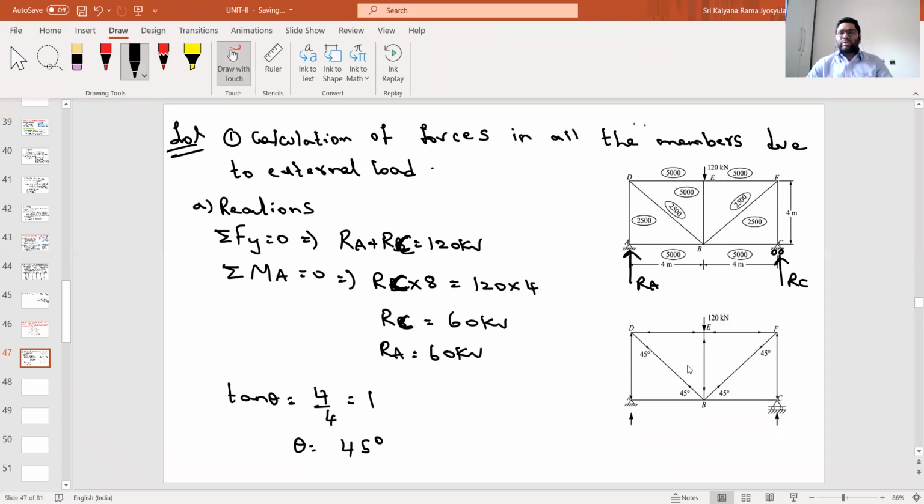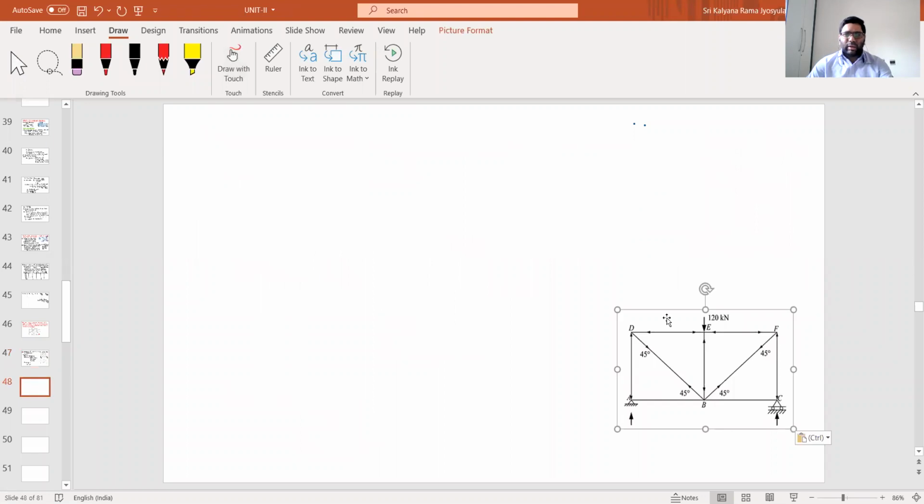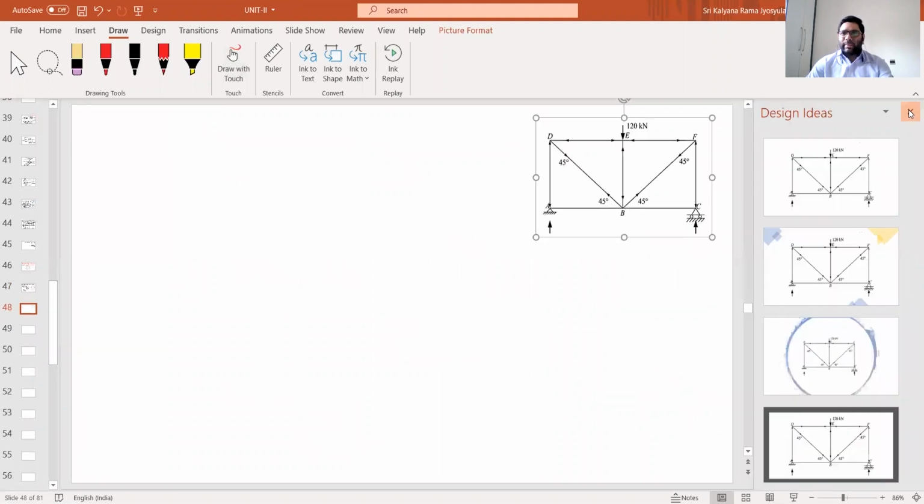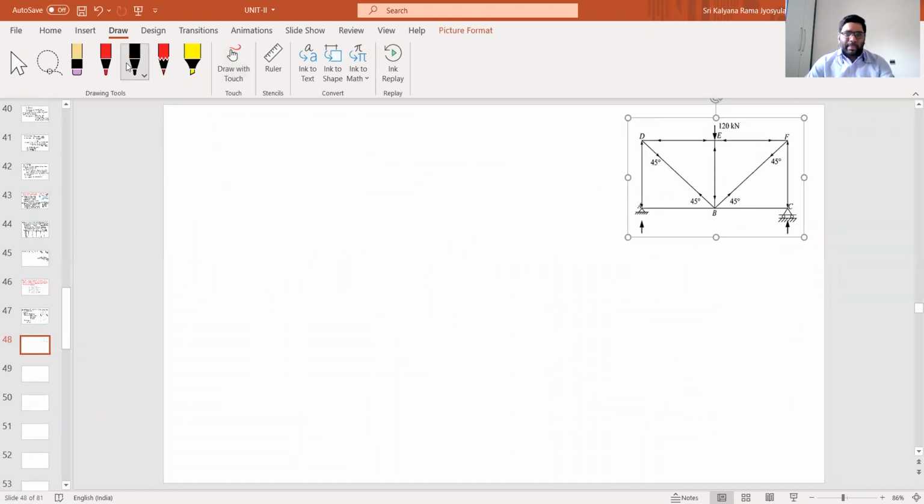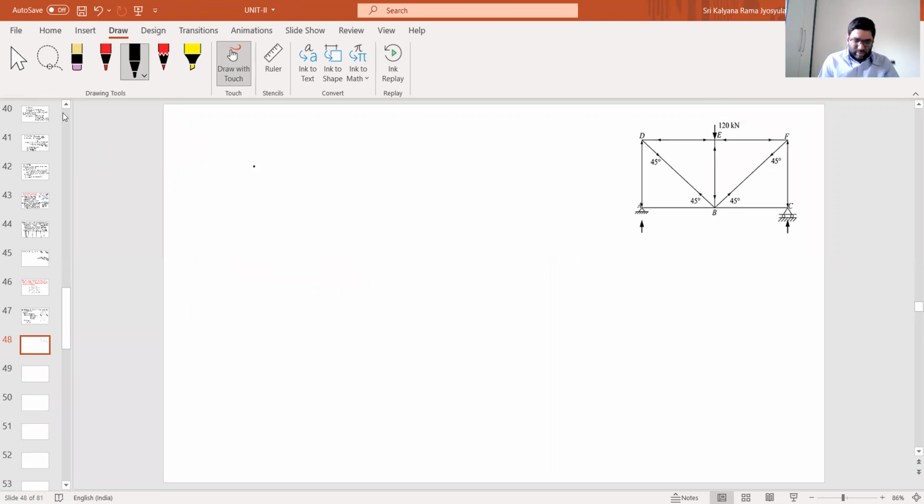Now, what should we do? We need to take the joints, write the corresponding areas we already know. So we will take this joint and try to solve the problem by calculating all the forces in the members. Okay. So let us take that. See here. Now forces in all the members.